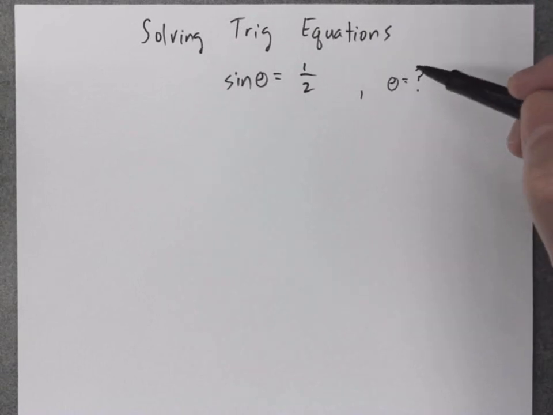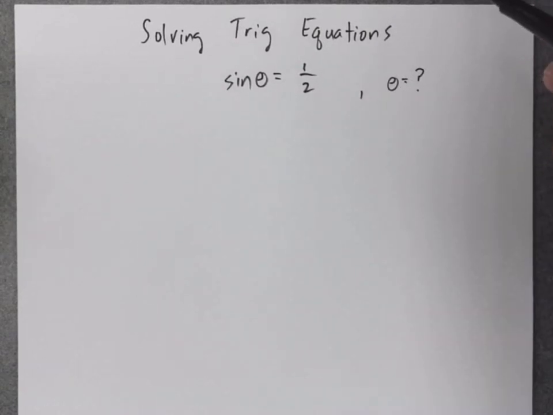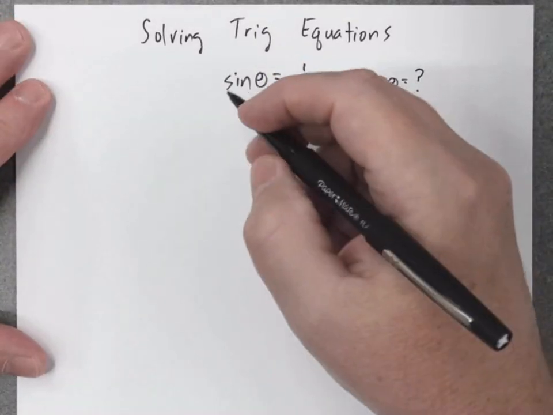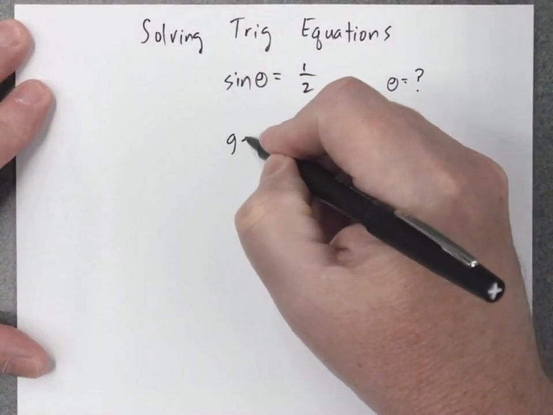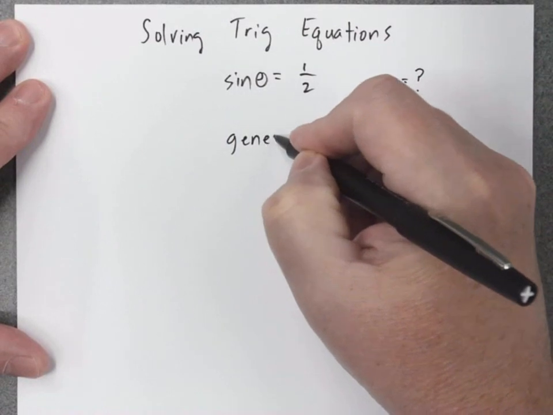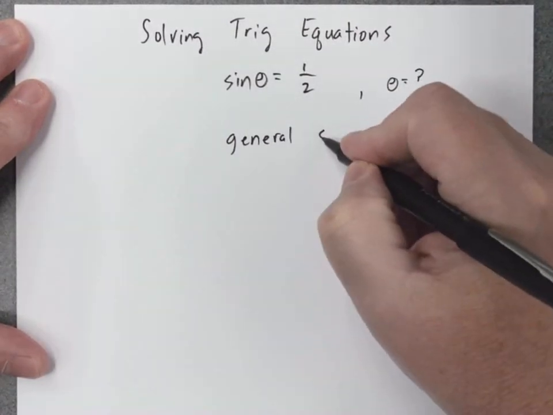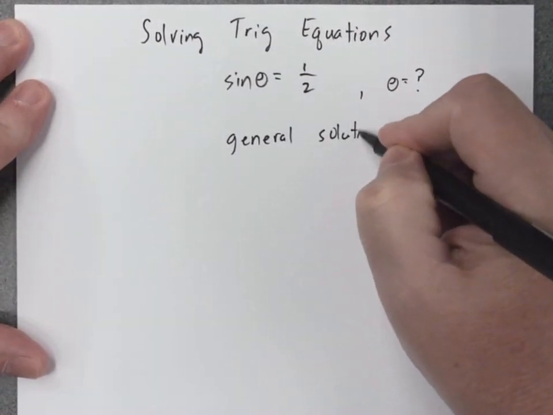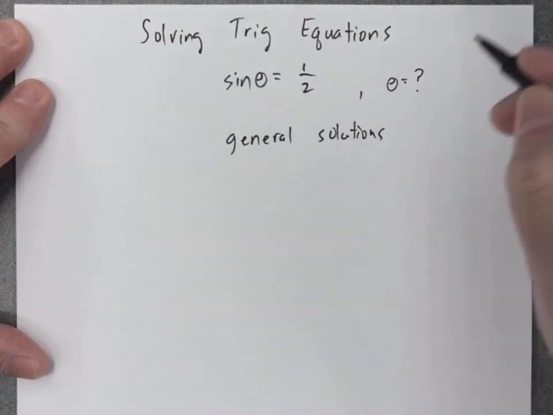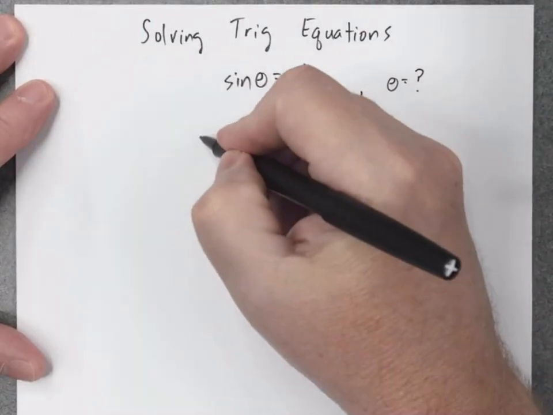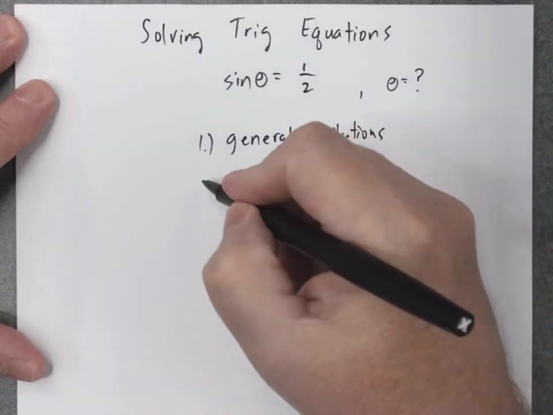Now before we talk about this, let me say first that there are going to be two kinds of solutions that you're going to be asked for in the homework. In other words, some homework problems, the first problems you do, they will ask for what we call general solutions.